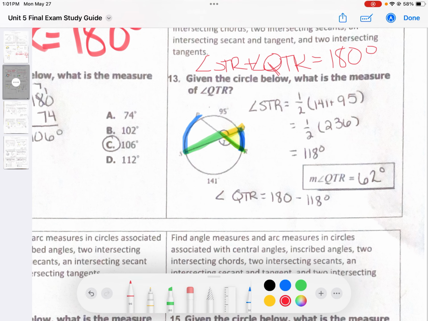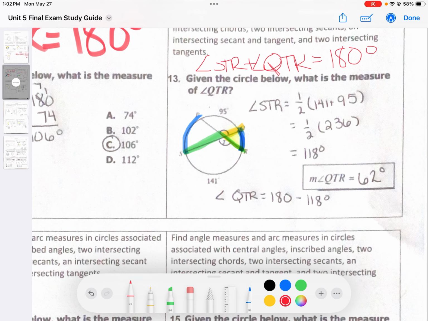So I found the angle measurement STR is half the sum of the intercepted arcs. Once again, you will have a formula sheet, but you have to ask yourself what is happening in this picture. You're looking for an angle measurement between two chords that are intersecting, two chords meeting inside the circle.